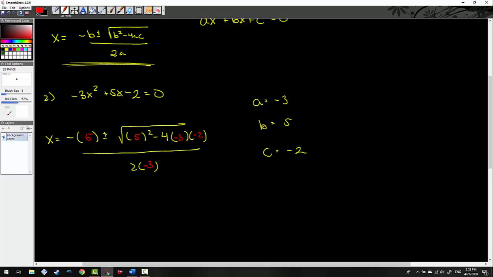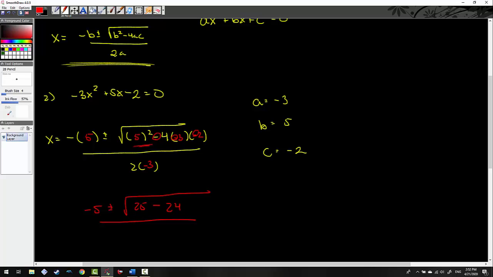So, how does this simplify? Well, negative 5 is negative 5, plus or minus the square root of 5 squared, which is 25. I've got a negative times a negative times a negative, which means this is going to end up becoming negative. 4 times 3 times 2 is going to be 24.